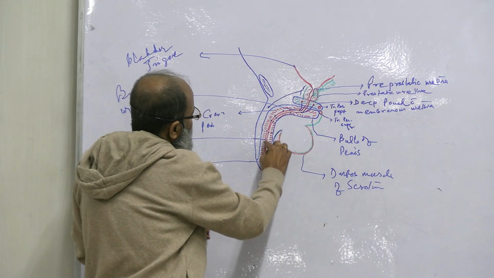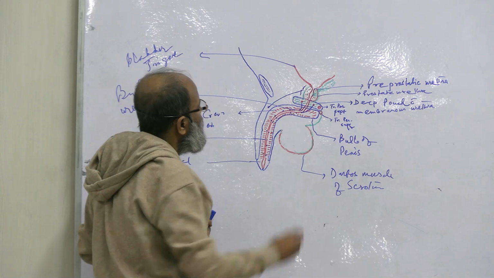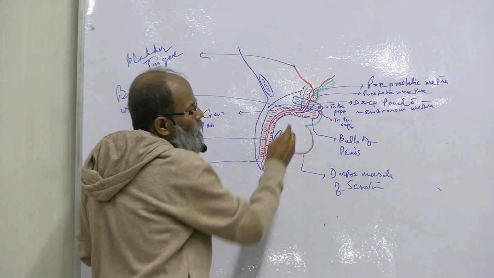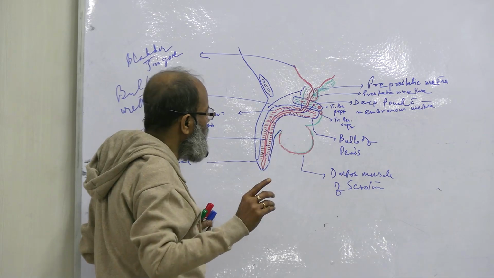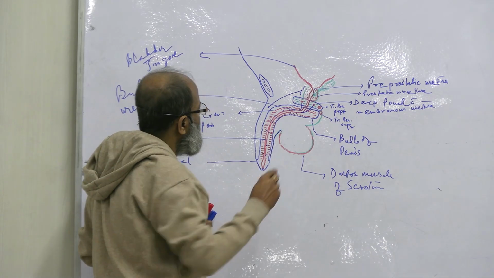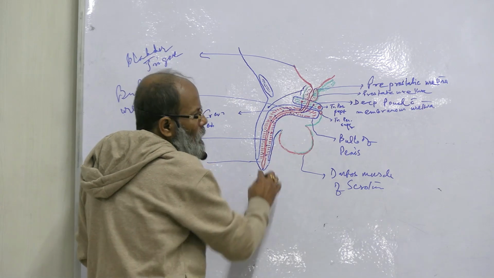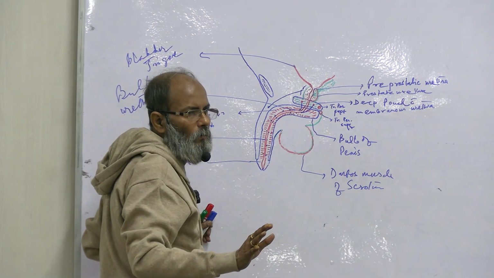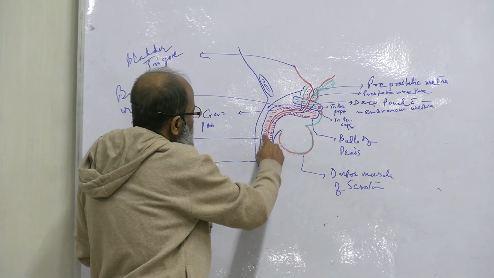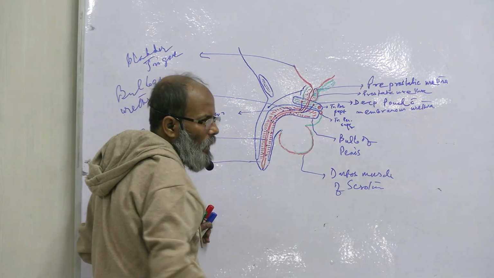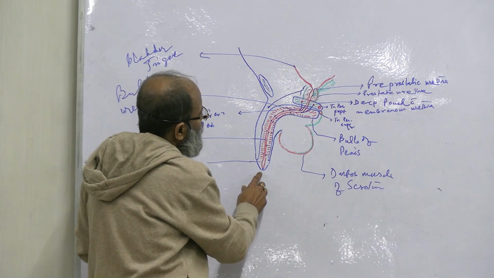This is continued as the spongy part of the urethra. At first, it is dilated, which is called the bulbar part of the urethra. Then it is the part in the body, then it is the part in the glans penis. This is the external slit.